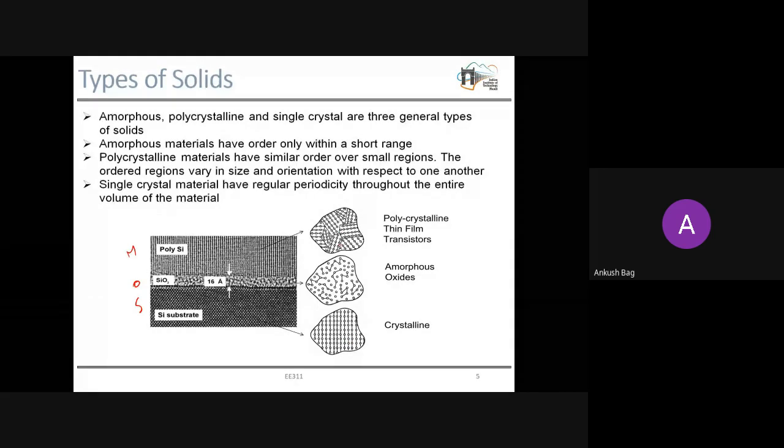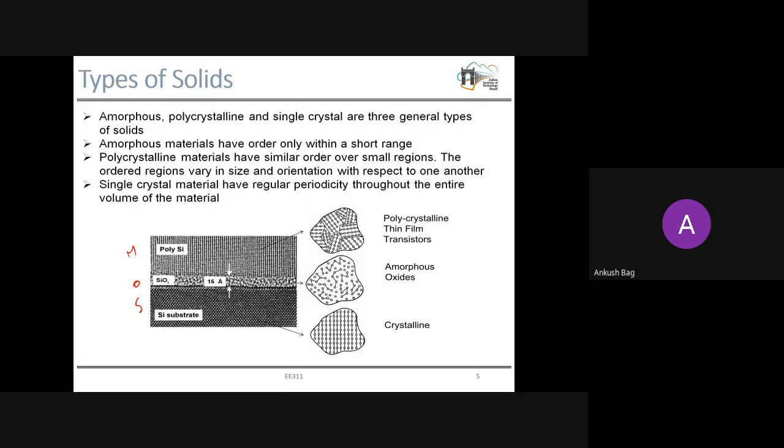But in polycrystalline material, you have different domains where you can find this periodicity of atoms. Compared to polycrystalline and crystalline material, we also have amorphous material. In amorphous material, the atoms are not arranged properly. They are scattered, and no periodicity is maintained.